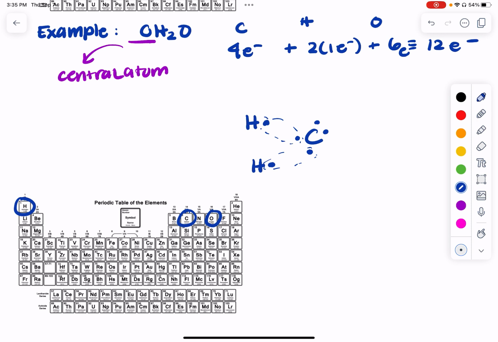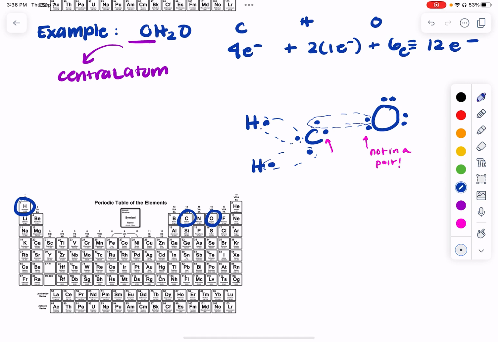Now, oxygen has 6 valence electrons, so I'm going to draw them like this. Now, if I just connect one of these as a single bond, we're going to have an electron here that's not in a pair. And we can't have that.